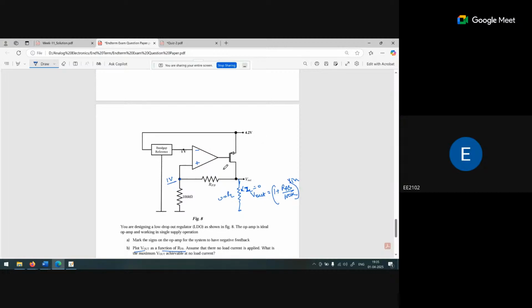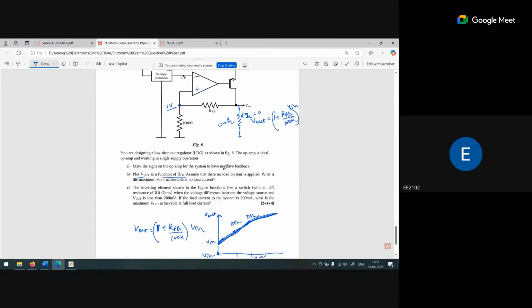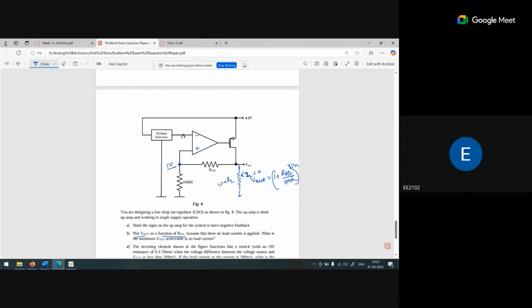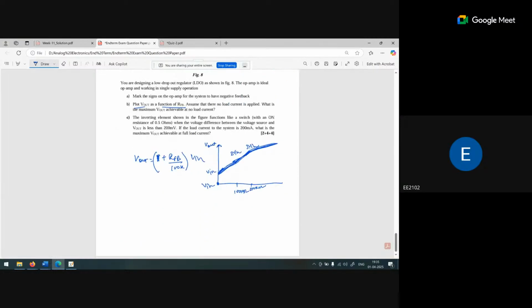Thus, V out is always less than or equal to the maximum supply voltage. Okay, the operational amplifier output voltage doesn't go beyond the supply voltage.